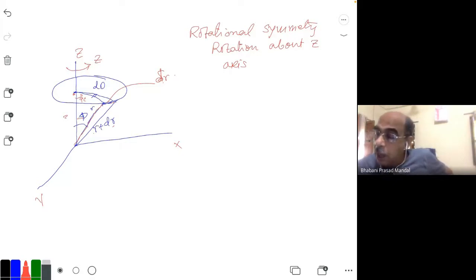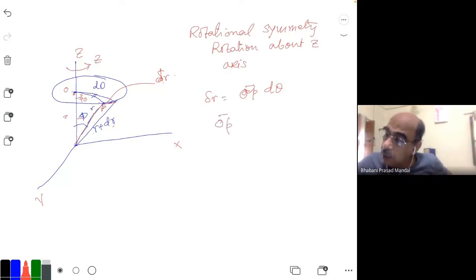Okay, and then in the last class, delta r was given by this quantity. Let me write. This is OP and d theta. This arc will be the radius times the angle, so the arc will be OP d theta, and we calculate OP from this triangle.